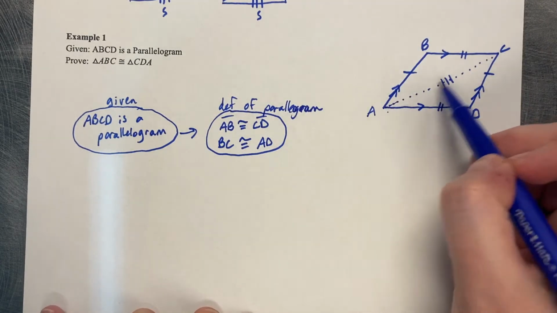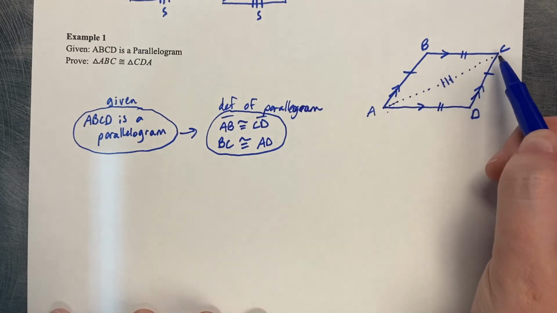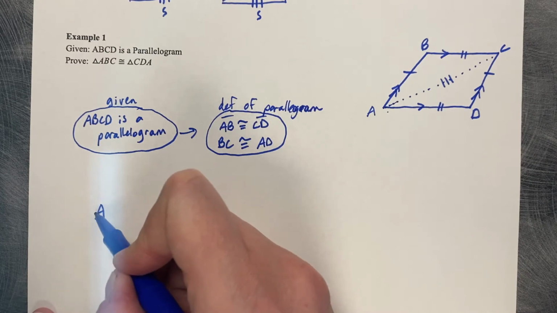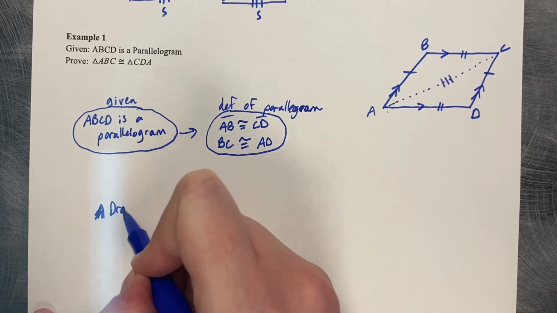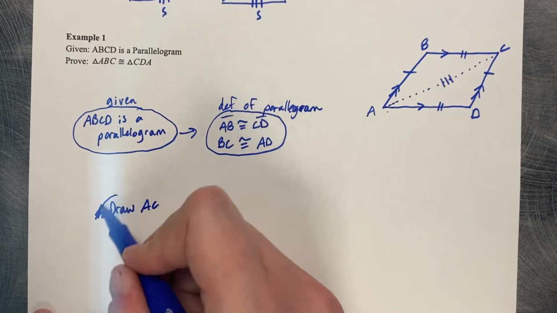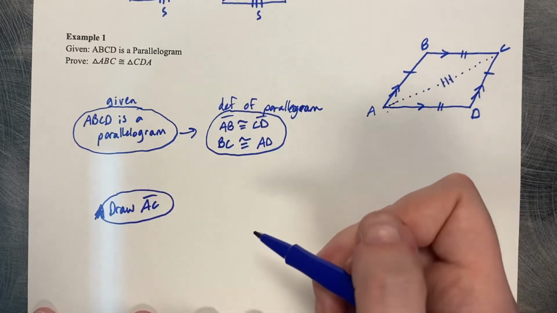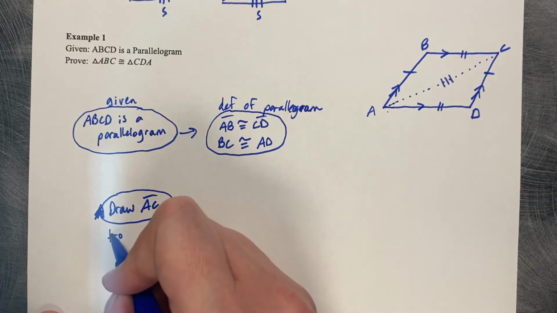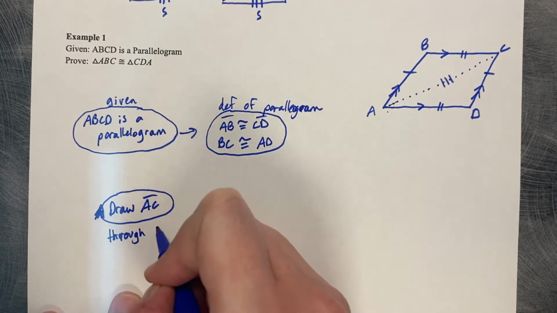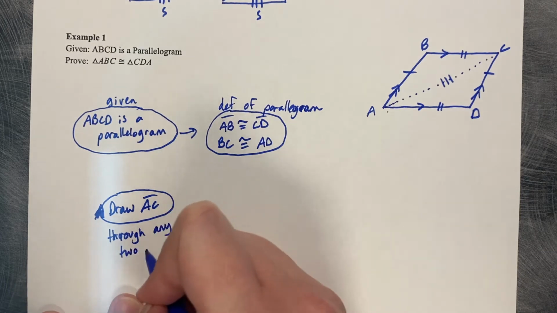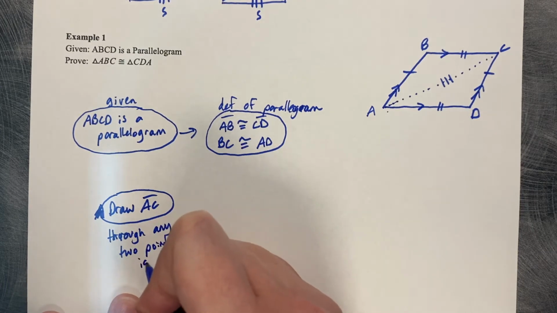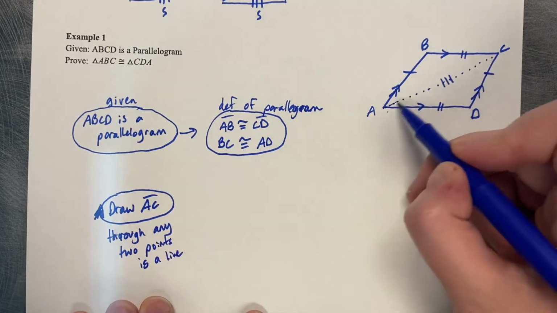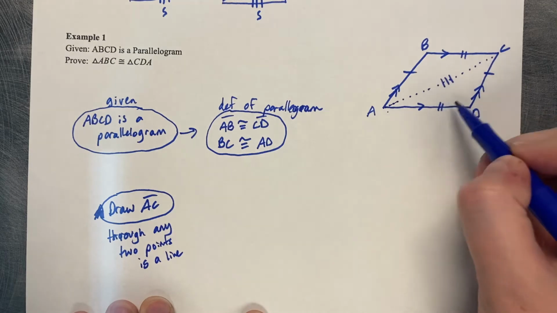Then the last one that we needed to add onto the picture was AC. So that's actually something you need to include in your proof. So you call it draw AC. That's what we did. We drew an AC, and the reason you're allowed to do that is because through any 2 points, there is a line. Then what we're trying to say is that AC matches AC between the 2 triangles.